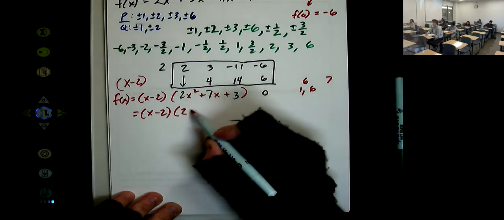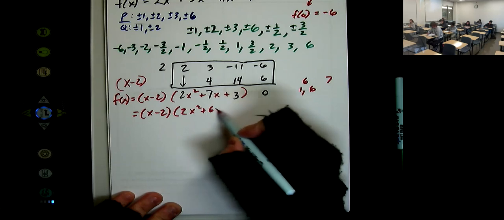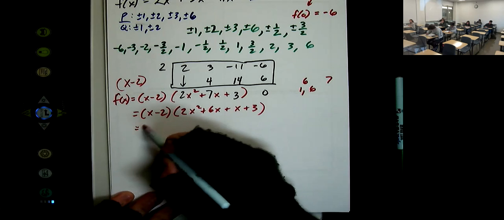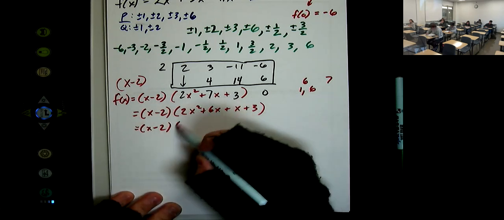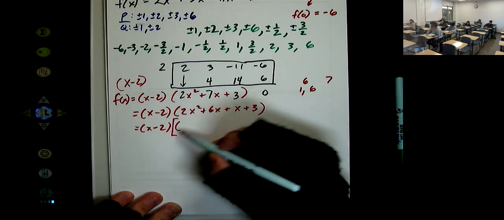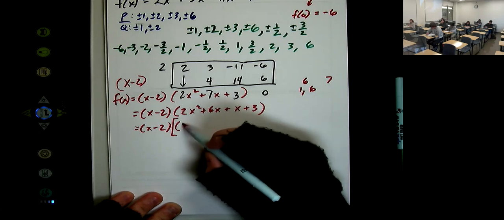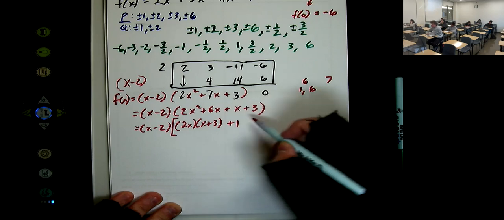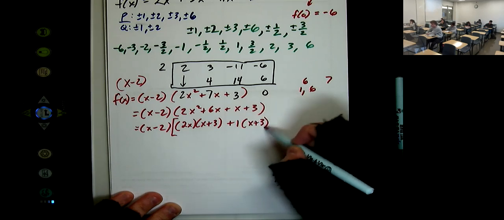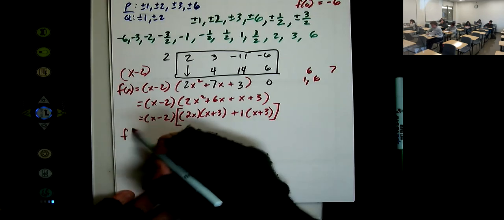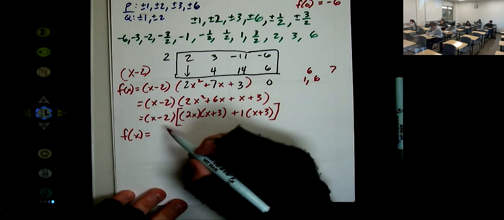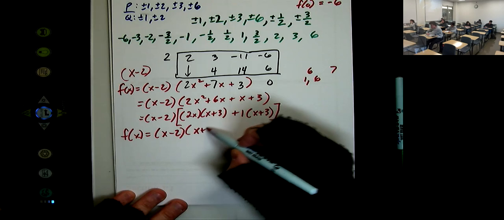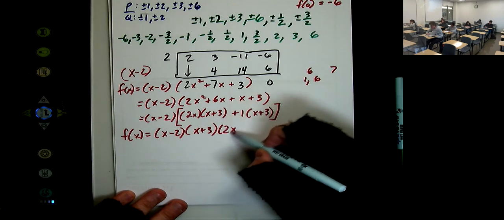So 2x squared plus 6x plus x plus 3. And I ultimately get x minus 2, x plus 3, 2x plus 1.